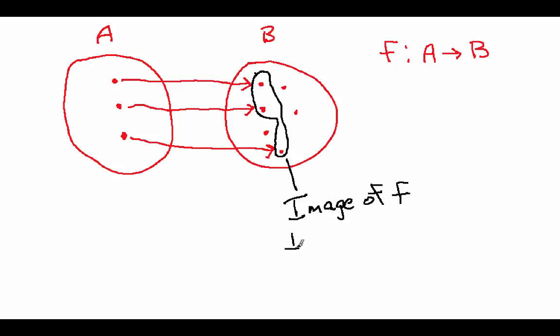We could say that the image of f is a subset of B. Sometimes it may be all of B, sometimes there may be points in B that aren't in the image of f.